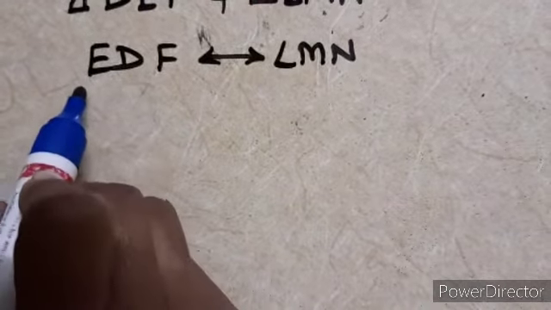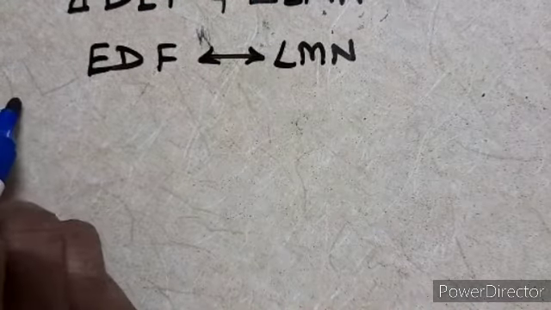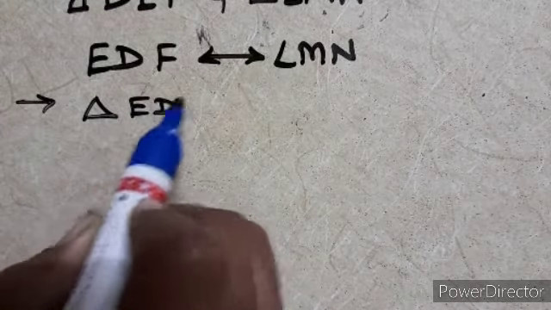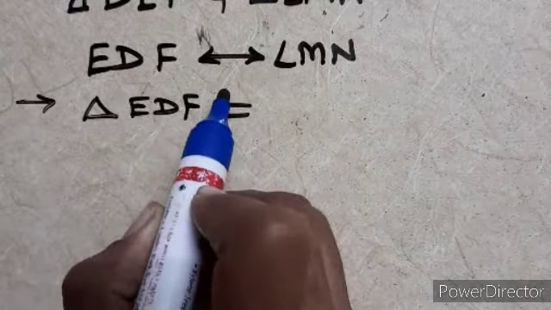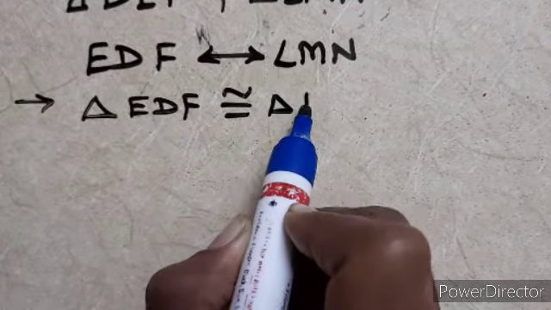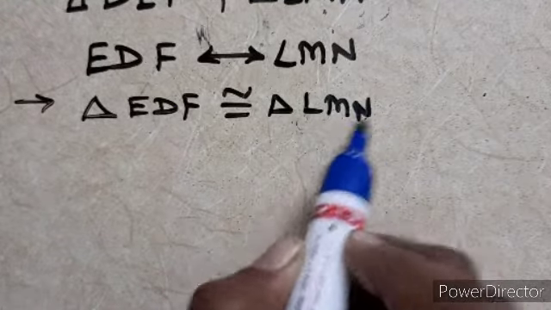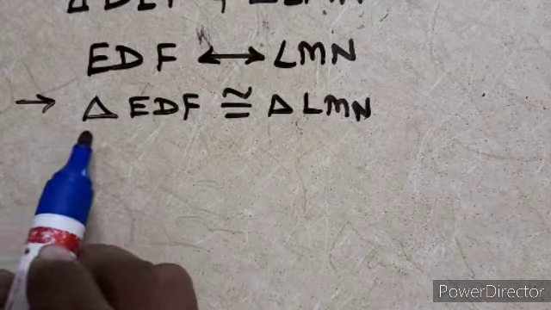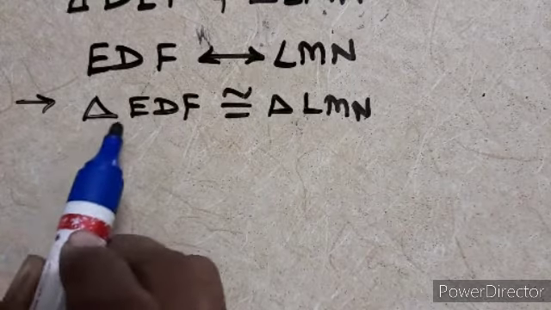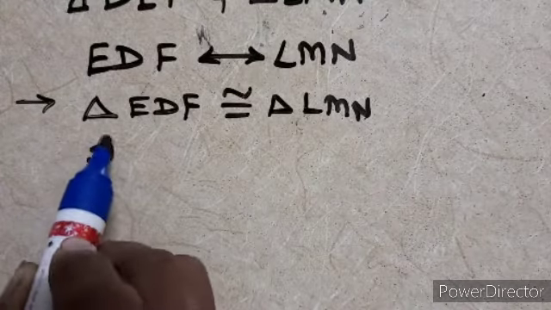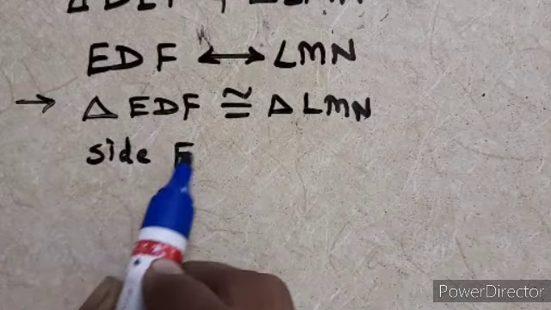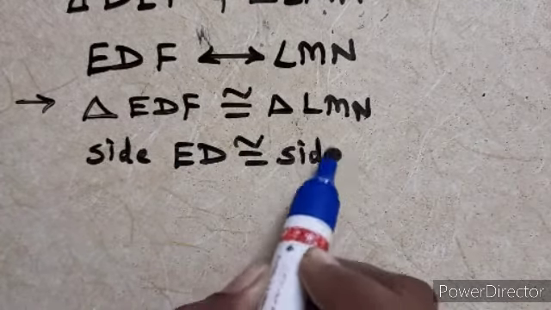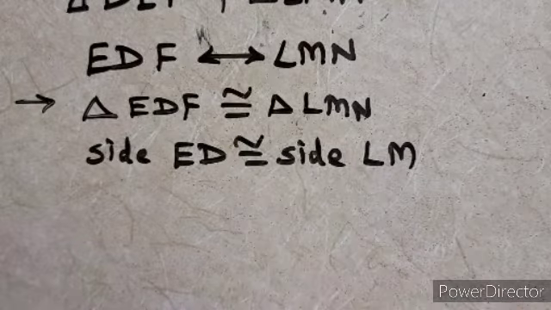So here we can write that triangle EDF congruent triangle LMN. Corresponding sides: side ED congruent side LM.